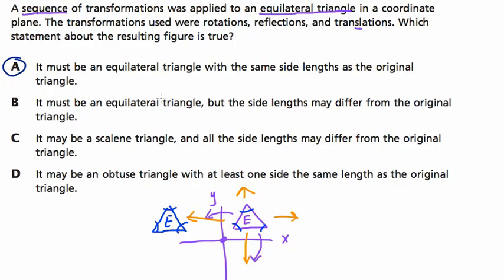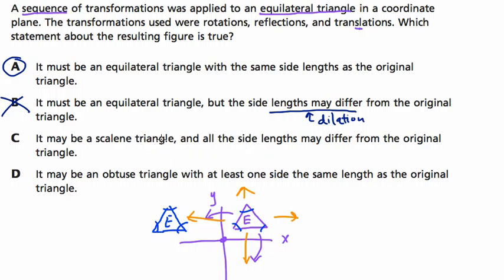B: it must be an equilateral triangle, but the side lengths may differ. The only thing that would change the side lengths is a dilation. A dilation is when we multiply each point by a certain scale factor, which then enlarges each side by a certain amount. The angles aren't changed, but the size is changed, and I'll show you an example in a moment. But that's not true here. We're not dilating. C: it may be a scalene triangle, and all the side lengths may differ from the original triangle.